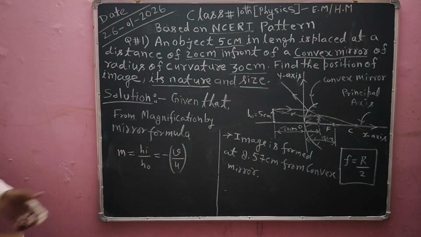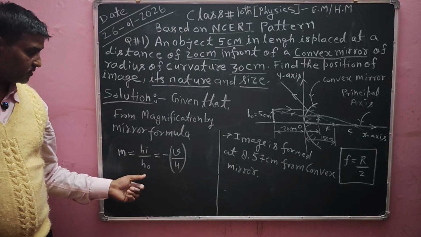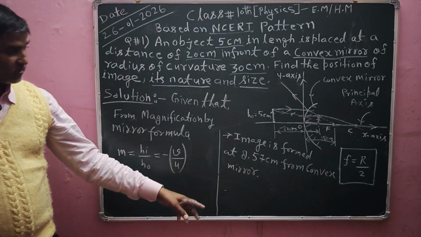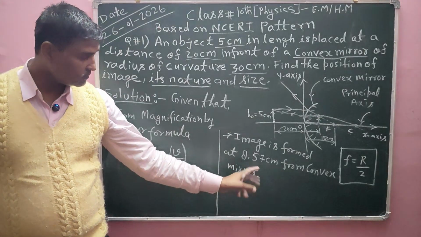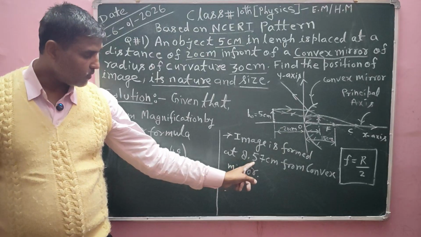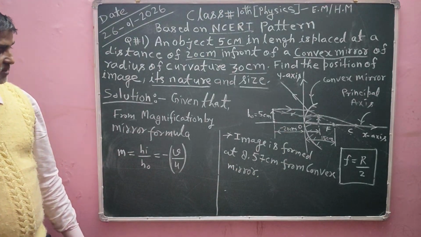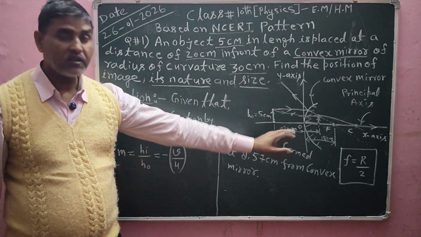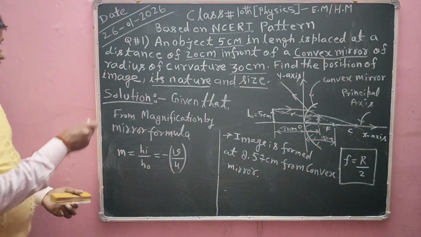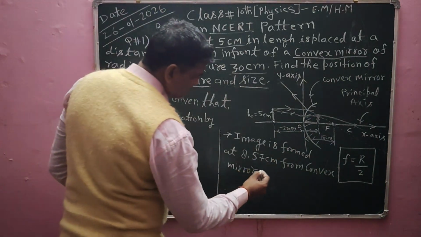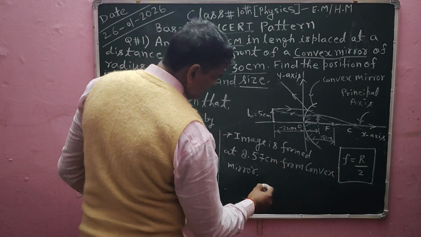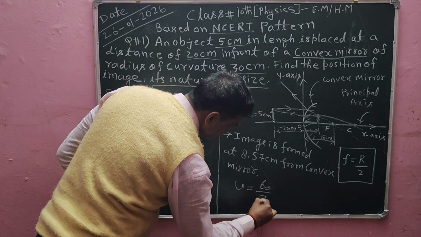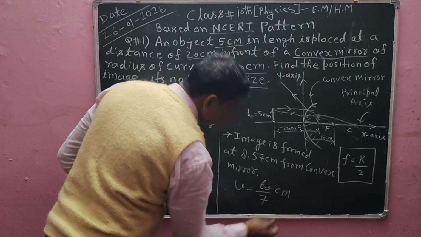Now the height of the object is given, the image distance I have got here is 8.57, and the value of U, that is given here, is 20 centimeter. So all values I have to substitute. In other words, this value V is equal to 60 divided by 7 centimeter. I have to use it here.